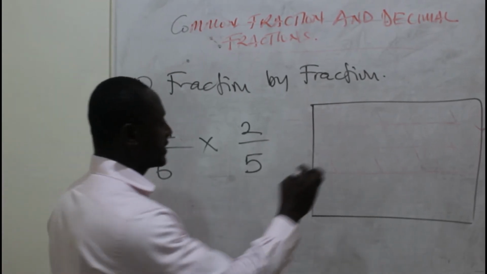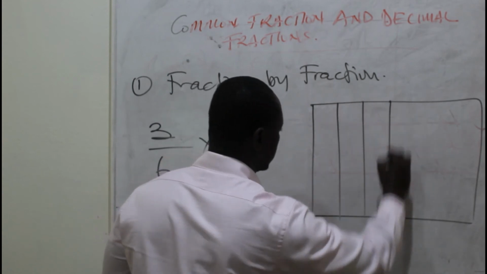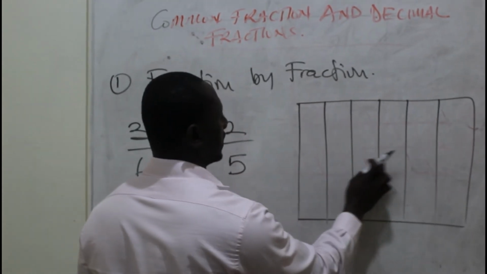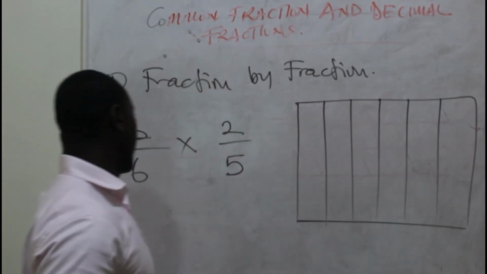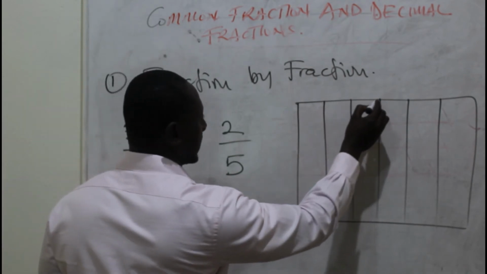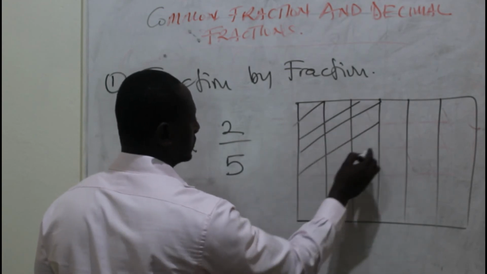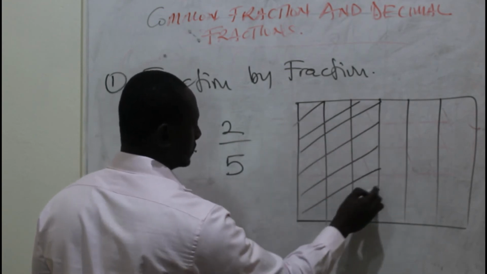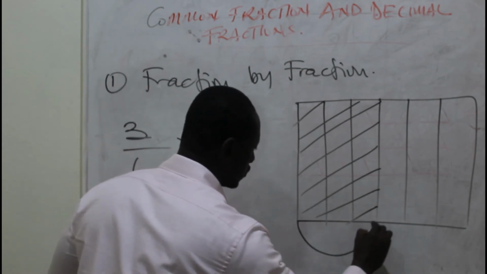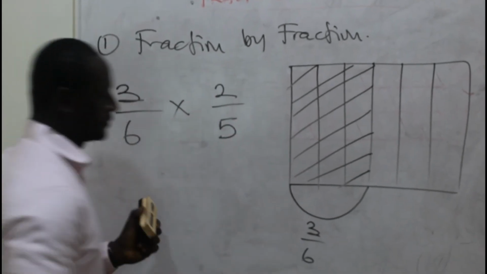So I divide it into 6 equal parts, and I have 1, 2, 3, 4, 5, 6. And I'm going to pick 3 out of that. So I'm going to shade 3 out of that. So that 3 that I'm going to choose is going to represent the 3 over 6.